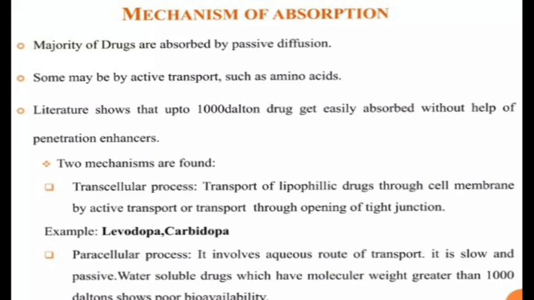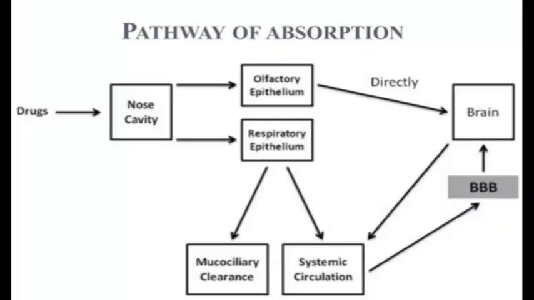Transcellular process means transport of lipophilic drugs through cell membrane by active transport or transport through opening of tight junction. Example, levodopa, carbidopa. Paracellular process involves aqueous route of transport. It is slow and passive. Water-soluble drugs with molecular weight greater than 1000 Dalton have poor bioavailability.